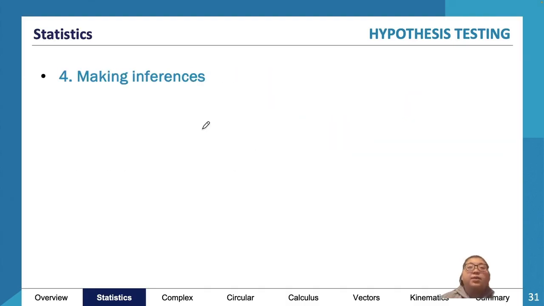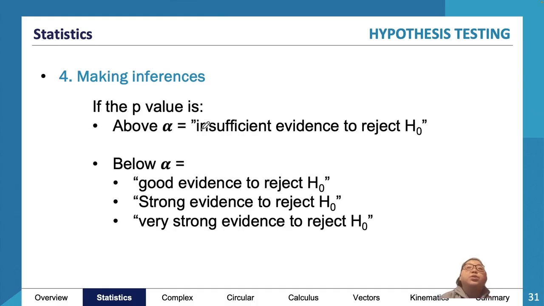Alright, so making inferences. If your p-value is above a, you can say there's insufficient evidence to reject h0, or you can just say accept h0. Below a is going to be good evidence to reject h0, strong evidence, or very strong evidence, and this all depends on the percentages.